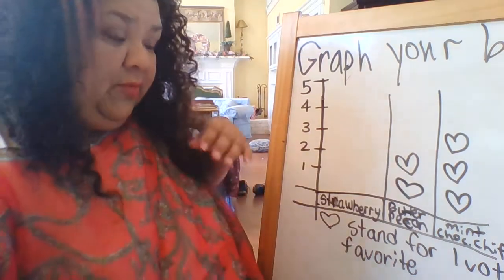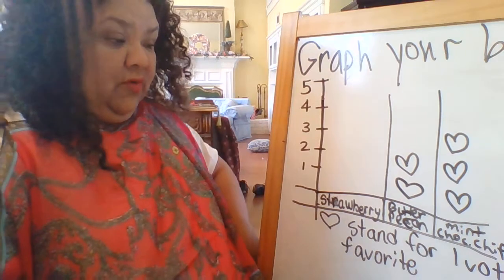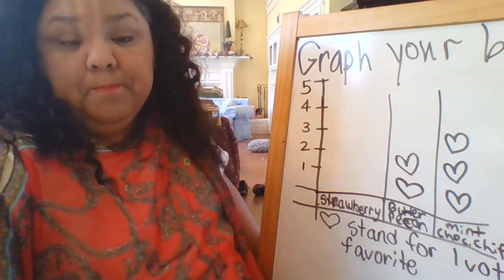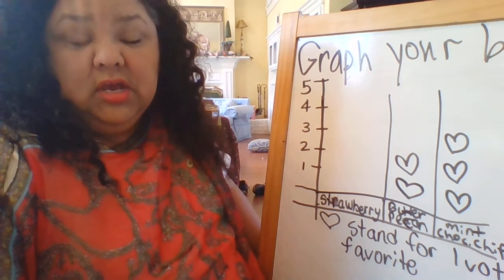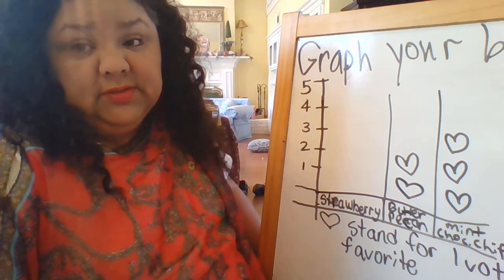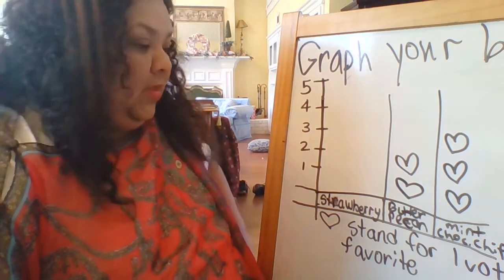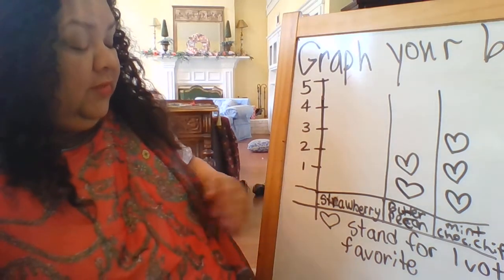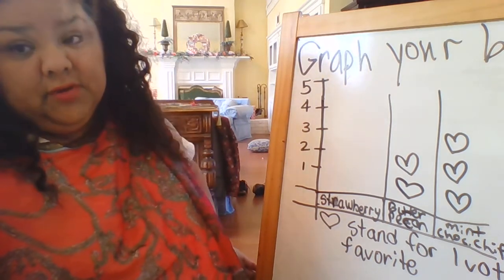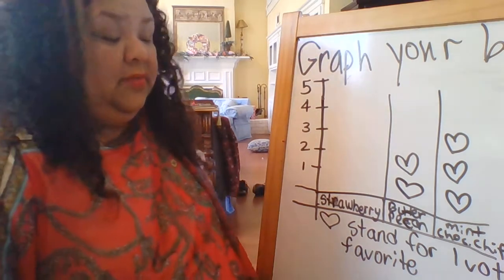My data I can read, which means I've already gathered my information, and now my data is placed on the graph, and now I can read and compare which flavor was most popular, and this will help me decide when I go to the grocery store which ice cream I will buy. Now, the strawberry has the least amount of votes, so I know that I'm not going to buy the strawberry.